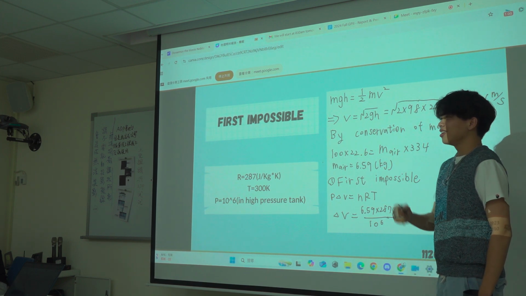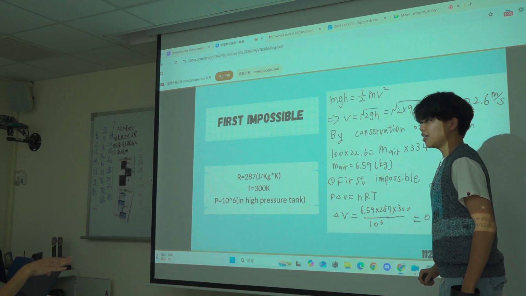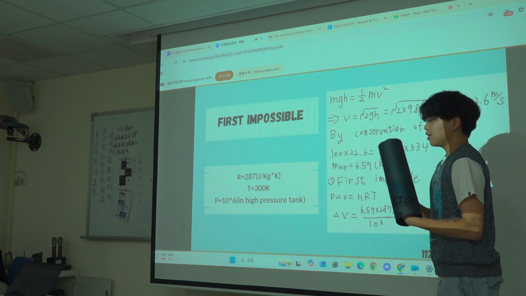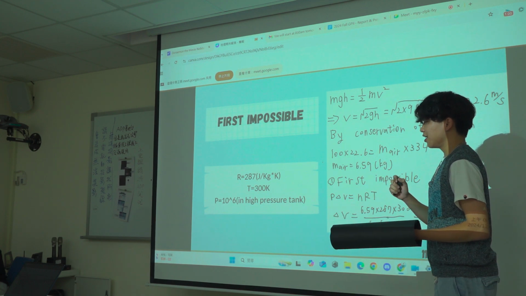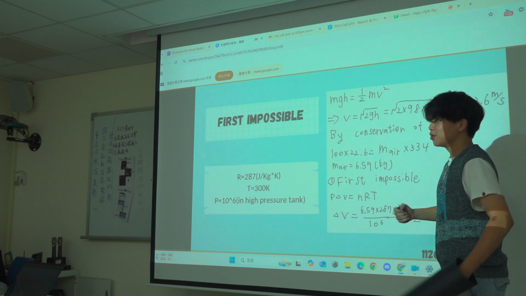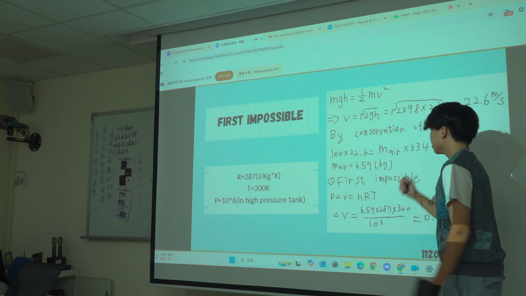So where did you, assumption is fine, but where did you get this assumption? The velocity of the air cannon cannot be more than the sound velocity, so I assume that it's the same. It is sound velocity. Okay, so it's the first impossible.